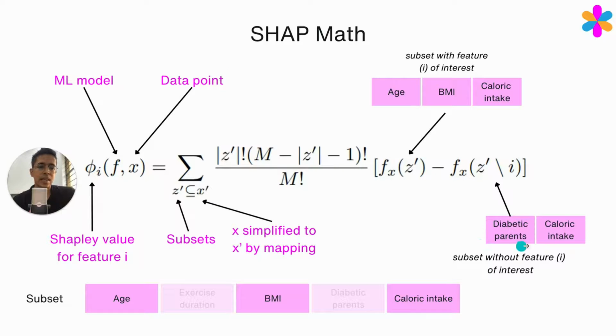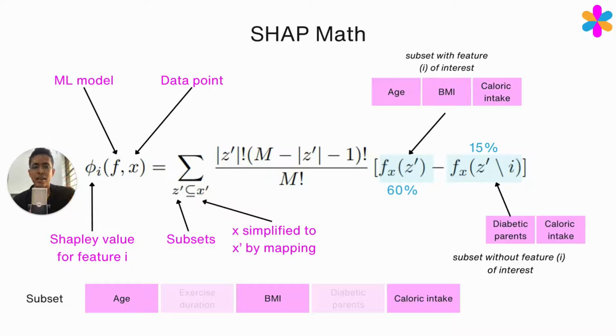So this is essentially a subset without the feature I. So the difference between this and, let's say the value of this is 60%. So the ML model says if we are looking at these 3 features, there is a 60% chance that the person has diabetes. But in this case, the ML model says if we are only looking at these 2 features, the person has a 15% chance of having diabetes.